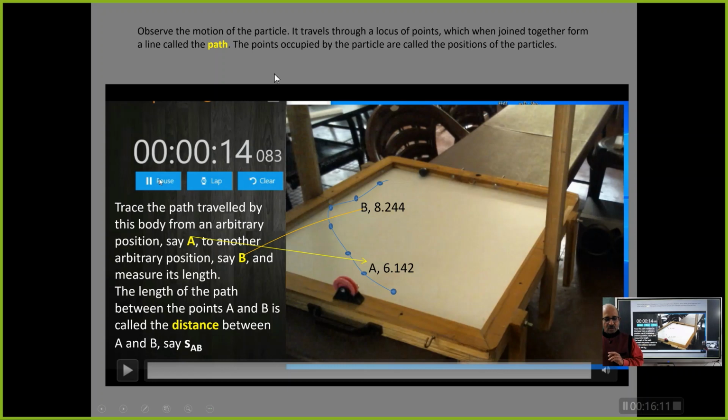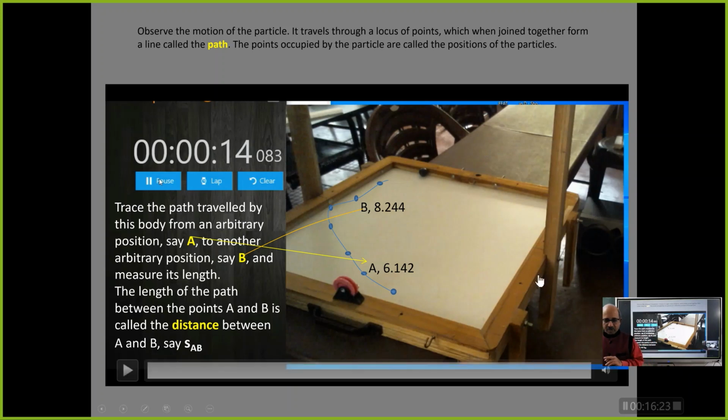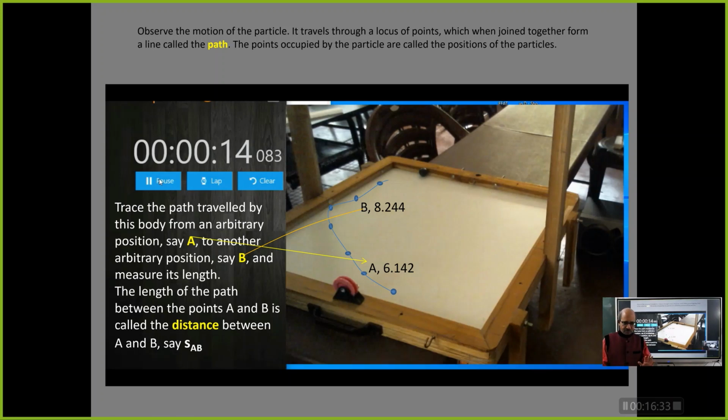So now, with respect to the reference, any point on this path becomes a position. I am not showing the coordinate axis here because I had shown it in the previous slide. Now I can choose any point in space as the reference and locate the positions of the points.